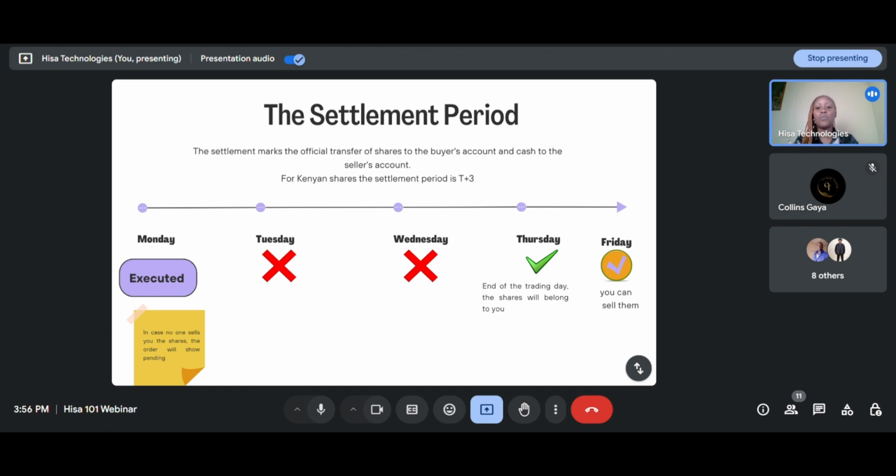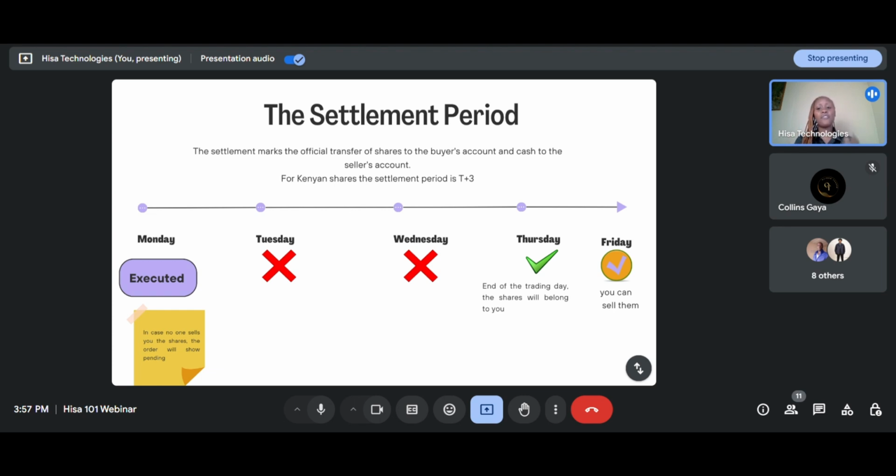This is what we call the settlement period. The settlement period marks the official transfer of shares to the buyer's account, that is you, and cash to the seller's account. For Kenyan shares, the settlement period is T plus 3 days. The T represents the day that your order will be executed.